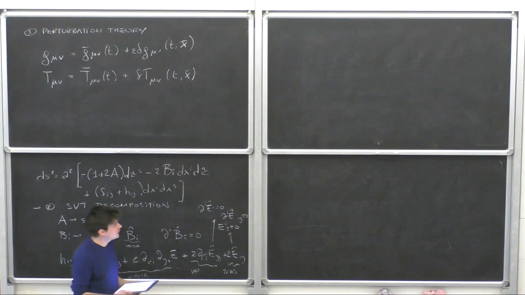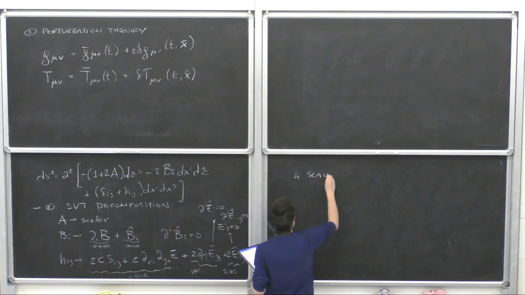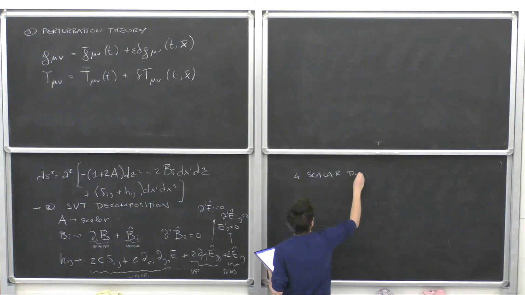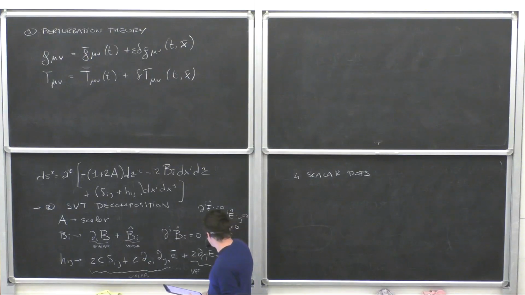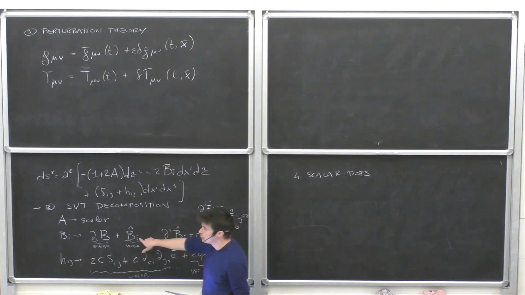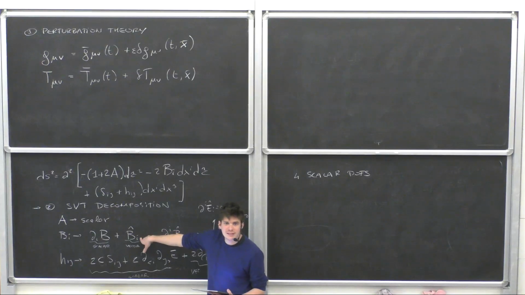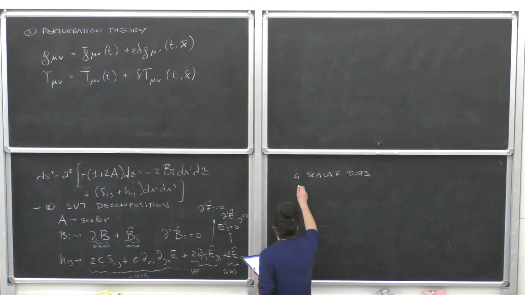So we have 4 scalar degrees of freedom. And then let's count the vectors. So we have two vector perturbations, 1 and 2. So naive counting would be 6, right? But we have two constraints, which remove 2, so we end up with 4.